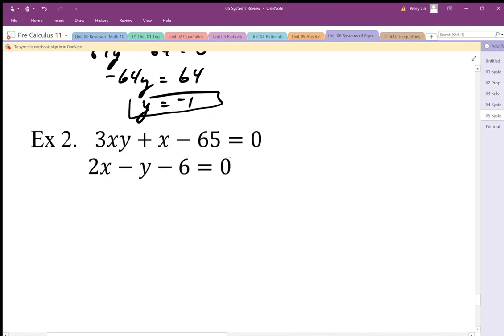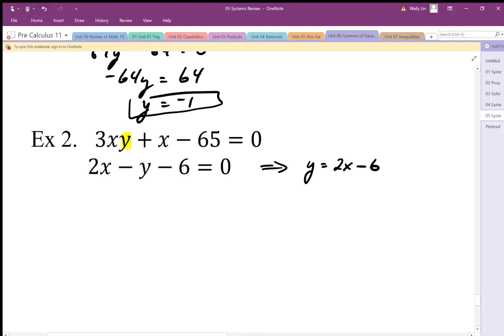So in this case, I'm going to use the second equation here, and I'm going to solve for y. I'm going to isolate the y, and I'm going to use that as a substitution. So I'm going to use the substitution method here. So I end up with 2x minus 6 is my equation for y, and I'm going to use it for like for like replacement.